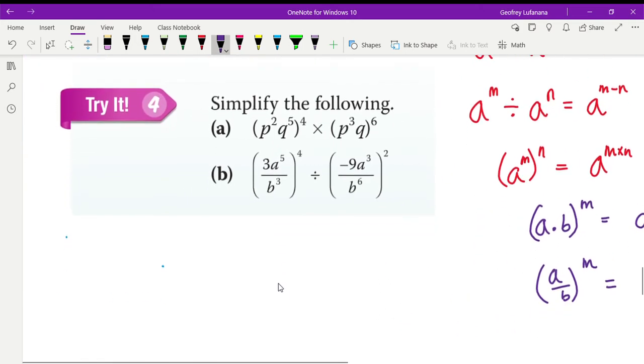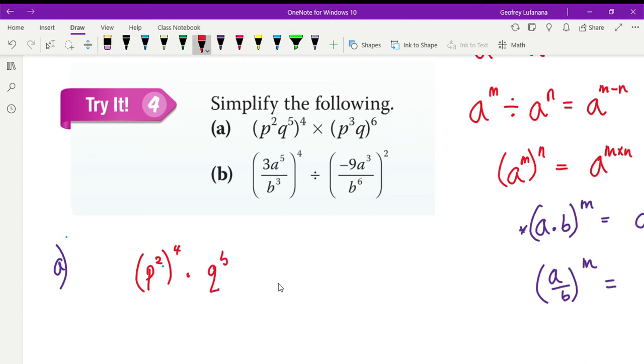So for example, part A requires us to simplify, and our answer has to be in indices. So I will first use this law because there is a bracket and a power. So in this case, we will have p squared to the power 4 times q to the power 5 to the power 4.